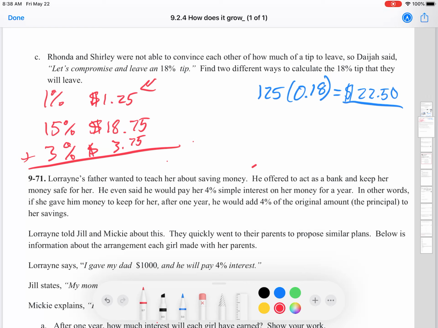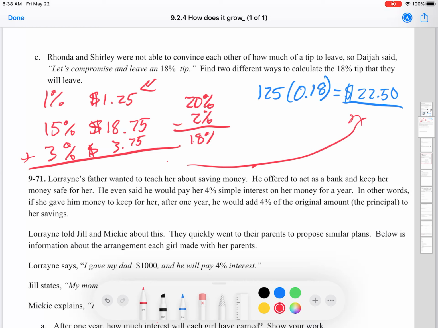And when we add that, we're going to get the same price that we had above. Now, even a third way we could do is we could say, let's do 20%, and we're going to, whoops, not $20. Sorry about that. We could do 20% and subtract 2% to get my 18%. What's 20%?